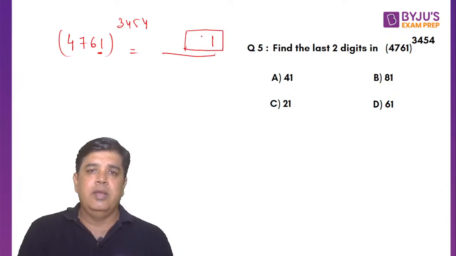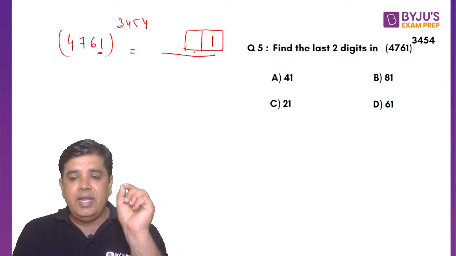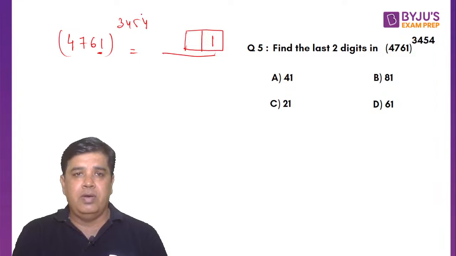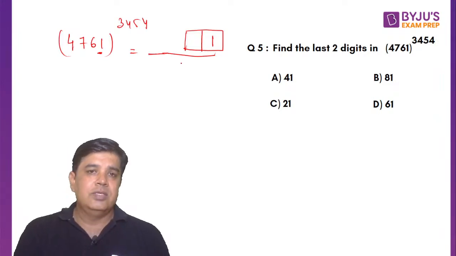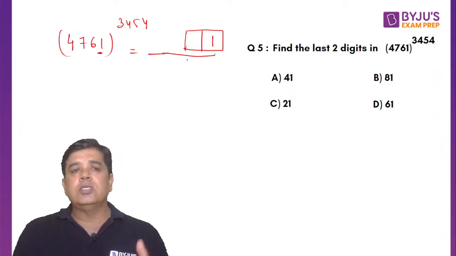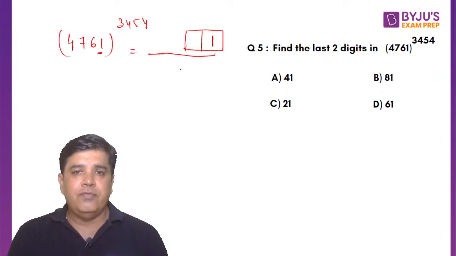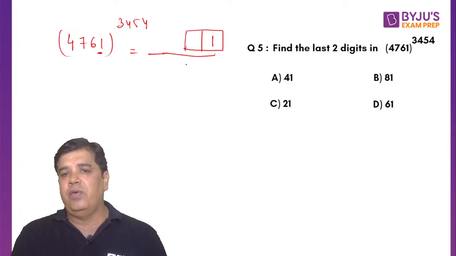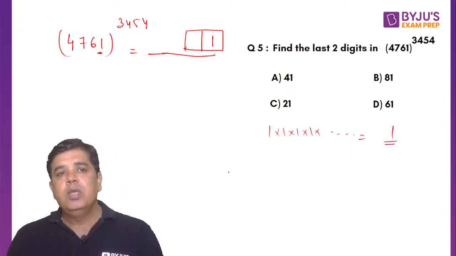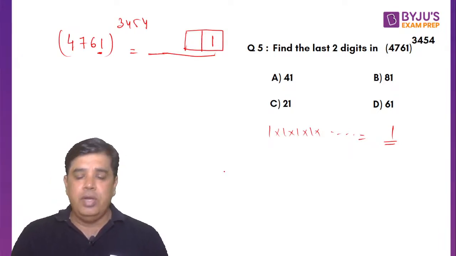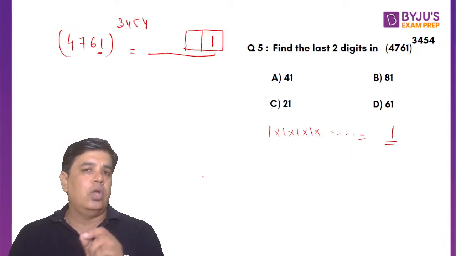Keep this in mind. If a number is ending with 1, no matter what the power is, the answer will have 1 at the unit place always. This is fixed, because when 1 is multiplied by itself any number of times, it will remain 1. What is the cyclicity of 1? 1 into 1 into 1 always gives 1.